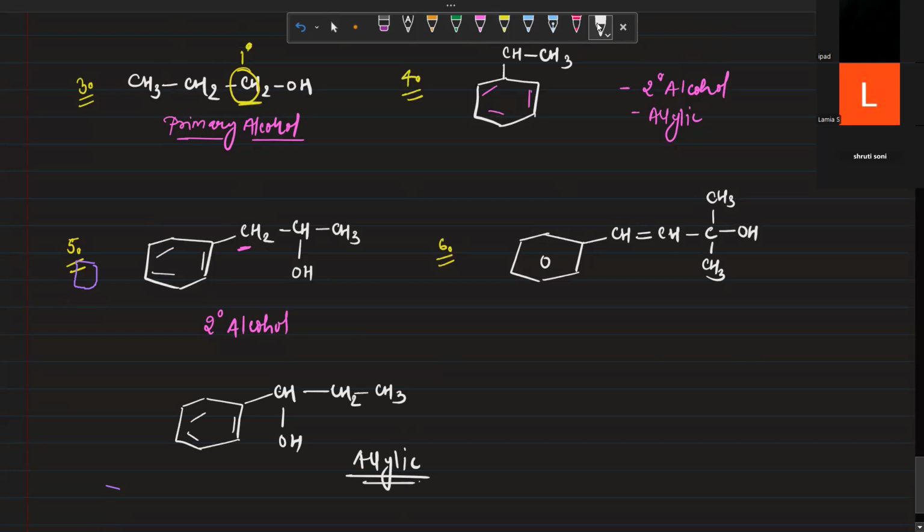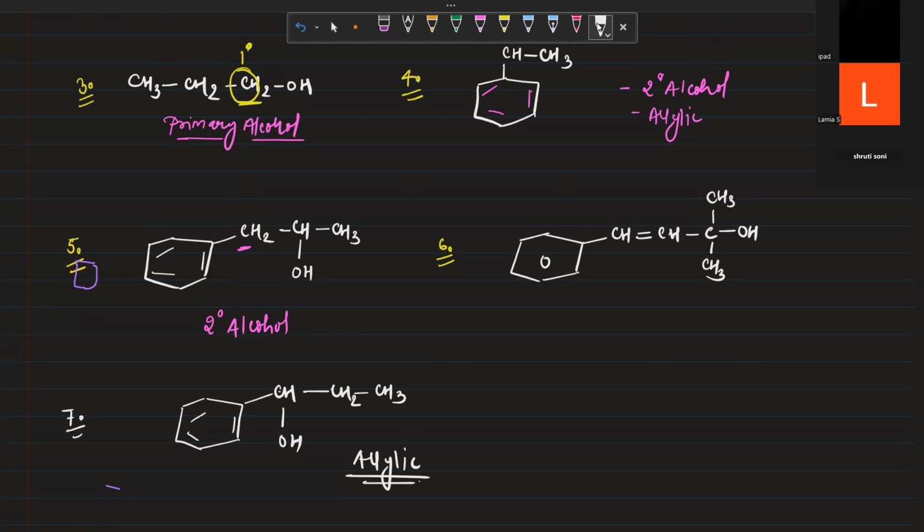This one is not allylic or vinylic anything. Do you understand? Yes, because it's connected to the double bond, but then the OH is attached to the sp2 carbon, right? That is vinylic. OH attached to an sp3 carbon, but that sp3 carbon is attached to the sp2 one.